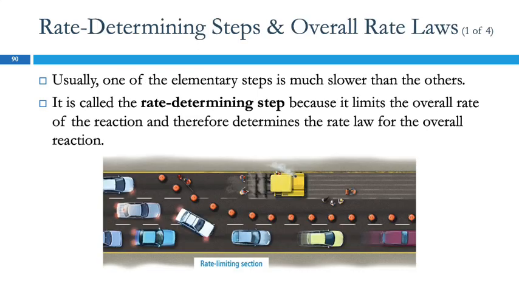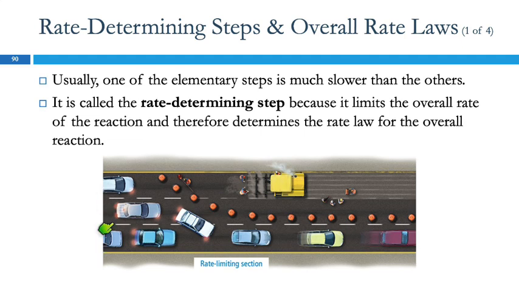So usually one of those steps in the mechanism is going to be a lot slower than the others, and that's called the rate determining step because it limits the overall rate of the reaction, and therefore it determines the rate law for the overall reaction. The example that we have here is traffic, right?